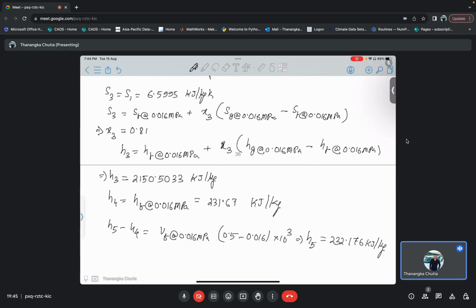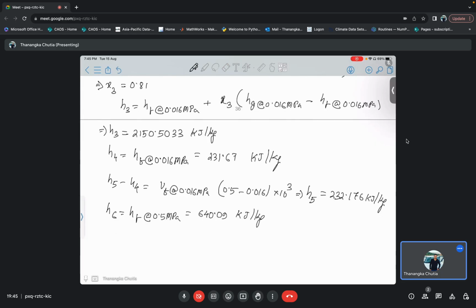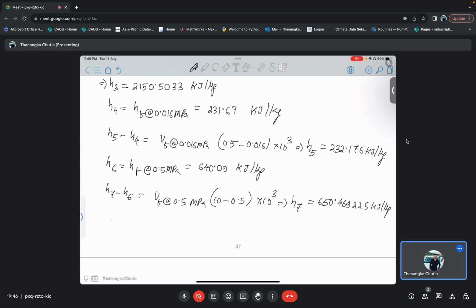Similarly, h6 is equal to hf at 0.5 megapascal, which is nothing but 640.09 kilojoule per kg, and h7 minus h6 is equal to vf at 0.5 megapascal times 10 minus 0.5 into 10 to the power 3, which will give you h7 equal to 650.46925 kilojoule per kg.